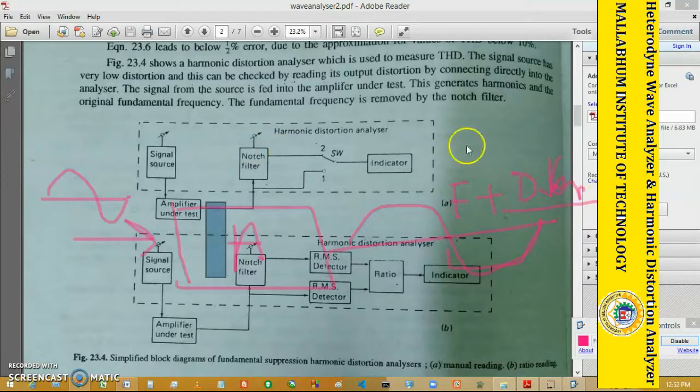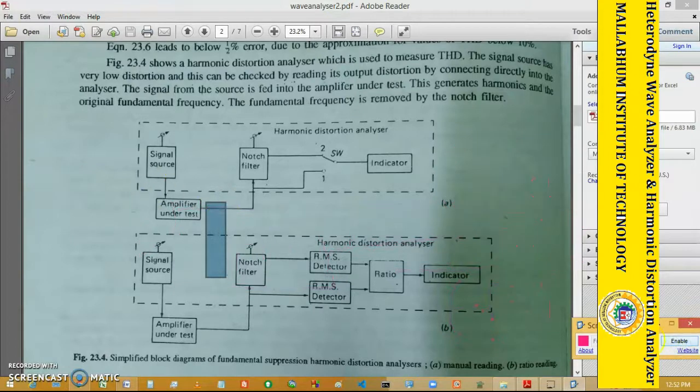So in this circuit we are trying to calculate the total power divided by the power of this waveform after removing the fundamental frequency component. After removing the fundamental frequency component, we are getting the distortion power. So that ratio is calculated, and depending on the ratio we can measure how much distortion is present in the circuit.